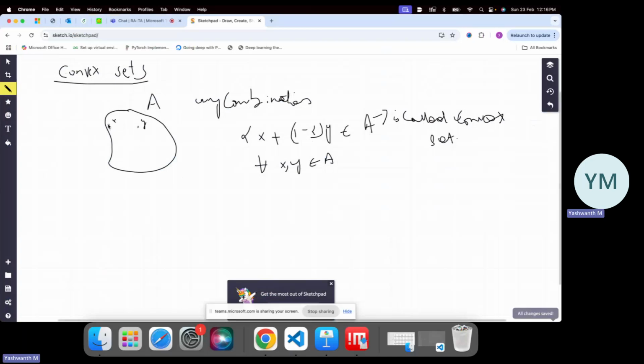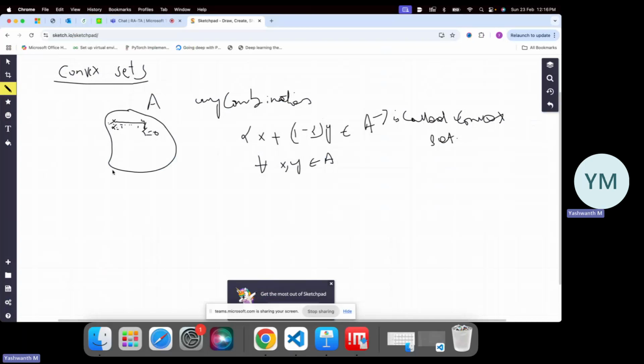In this case, pick any point. If alpha is 1, this combination is nothing but x, and if alpha is 0, it will be y. So basically it interpolates all the points between x and y, with alpha 1 being here and alpha 0 being here.